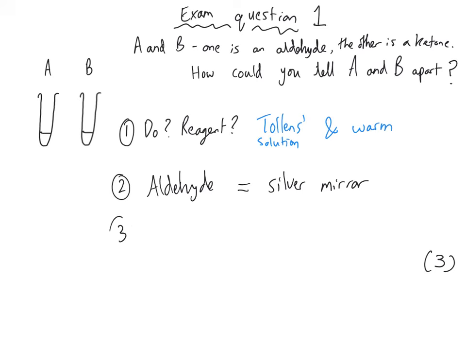And then the ketone, this is a 3rd mark, would give no visible change. And so as a result of that, we are able to distinguish between chemical A and chemical B, because the one that gives no visible change is the ketone. The one that gives the silver mirror is the aldehyde.